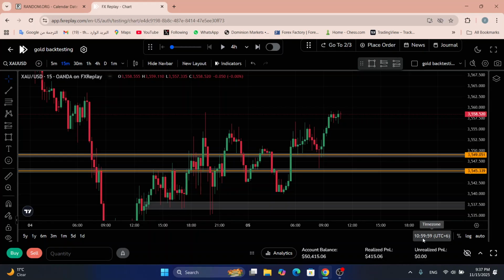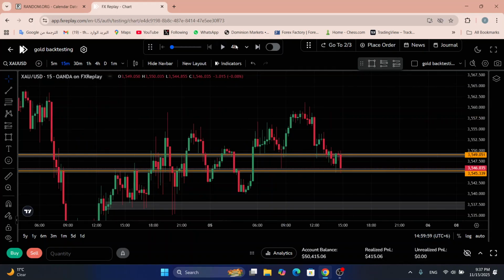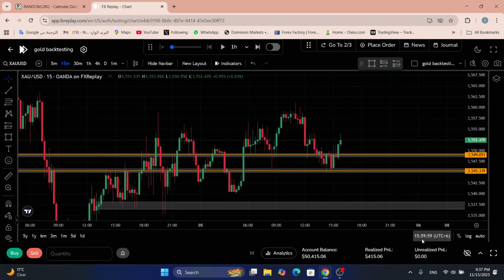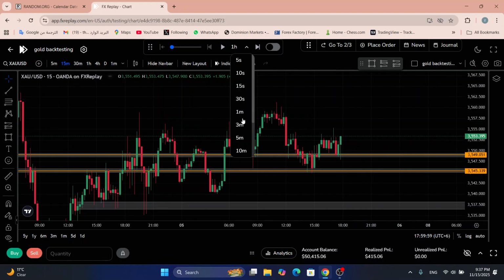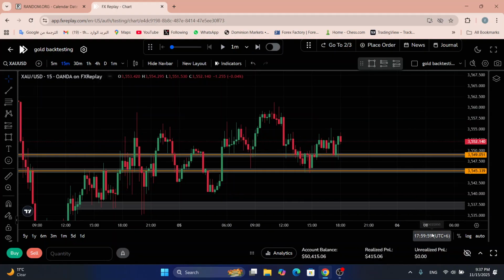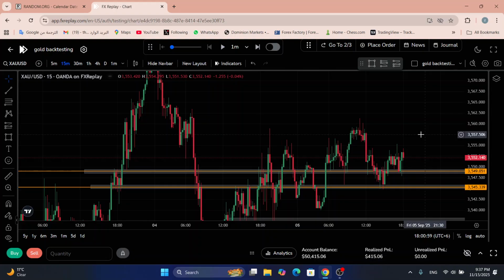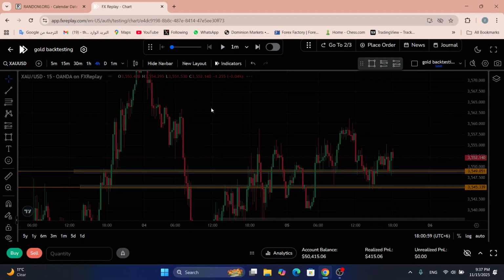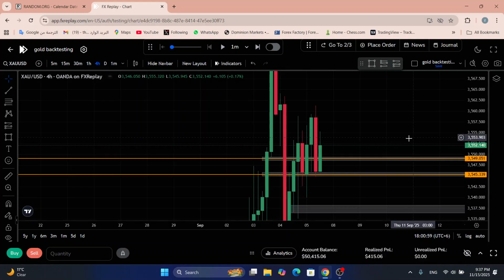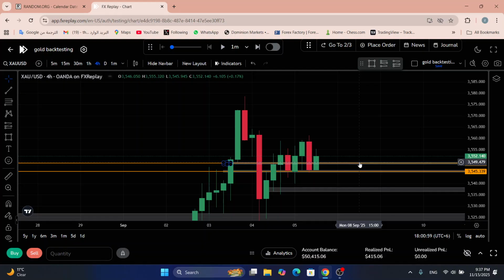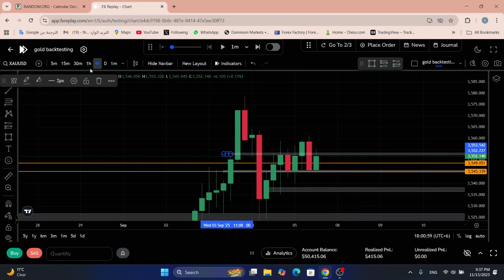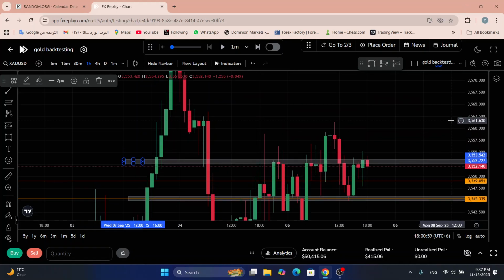I'm going to go to 6 p.m. real quick. Okay, yep, this is 6 p.m. right here, exactly. Okay, so as we can see here, price is still consolidating, but let's adjust our zones a little bit.